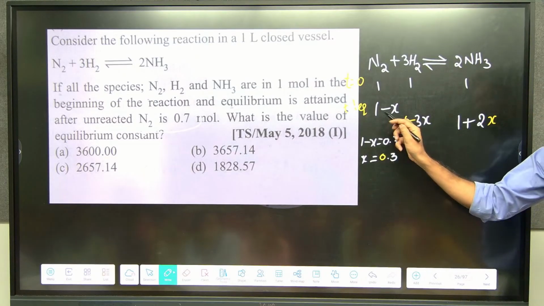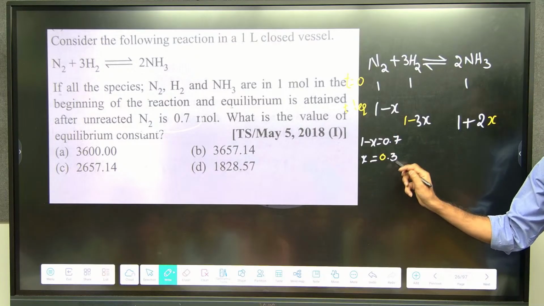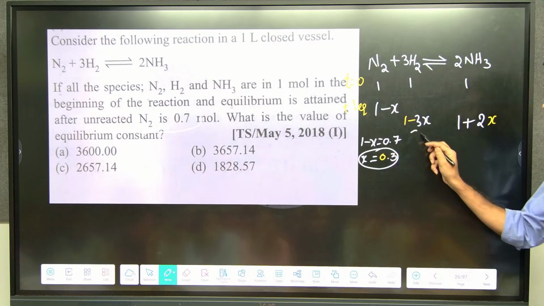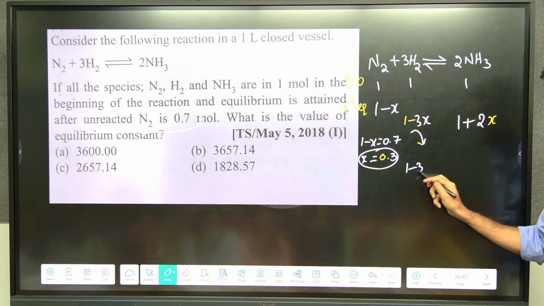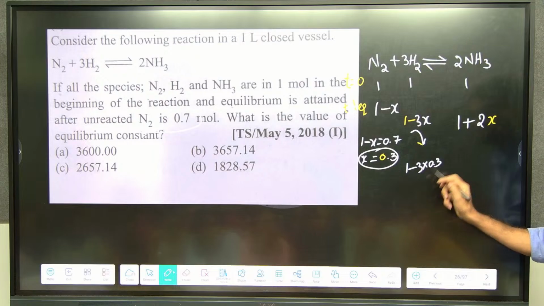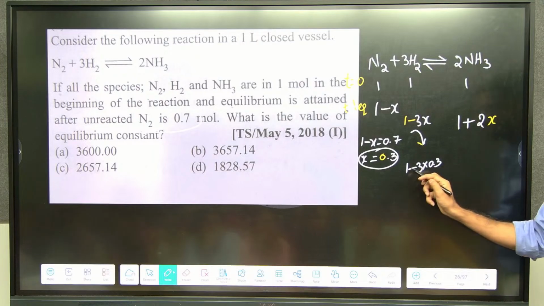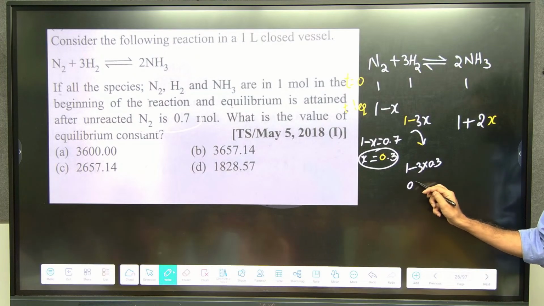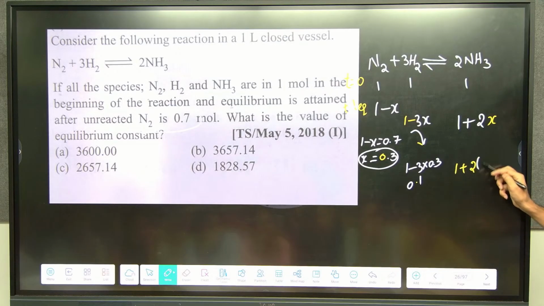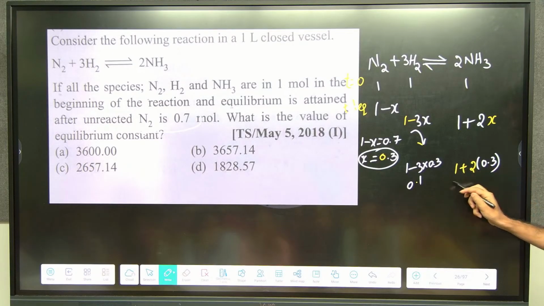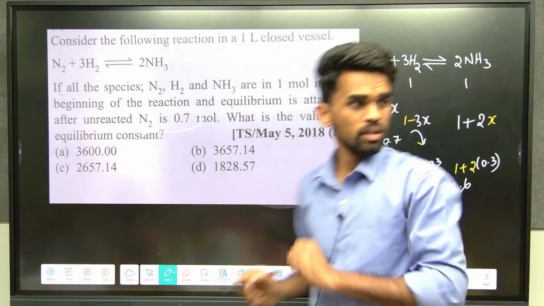So you got the x value. With this x value, you can get the concentration of H2 at equilibrium: 1 minus 3 into 0.3, so 1 minus 0.9. And this one is 1 plus 2 into 0.3, that is 0.6 plus 1. Clear up to here, everyone? Did you not understand?